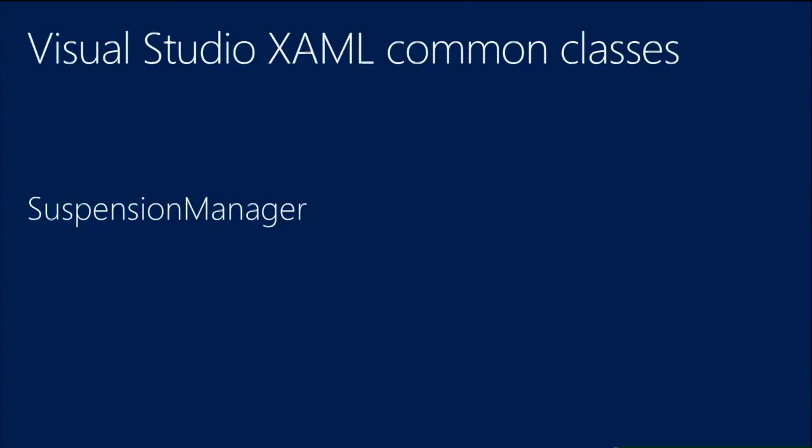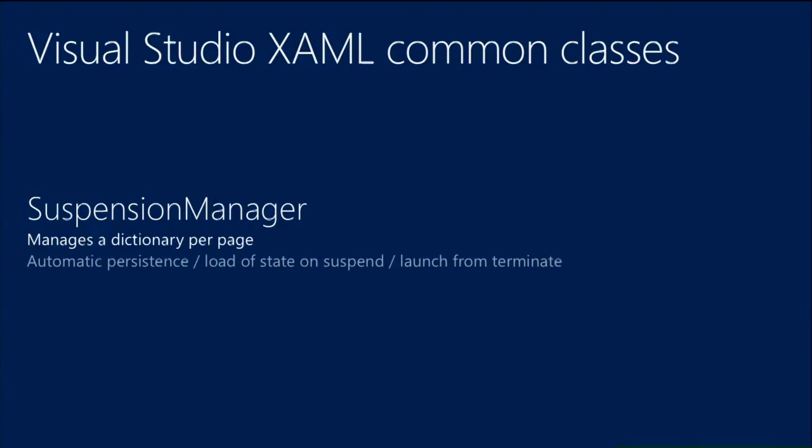Another class that gets injected there is called the suspension manager. This is the one that's all about persistence of the transient data that you want to save off. It's basically a dictionary of dictionaries at a high level, but it keeps a dictionary per page, and you can read and write key value pairs into that dictionary for the transient state of your page that you want to save.